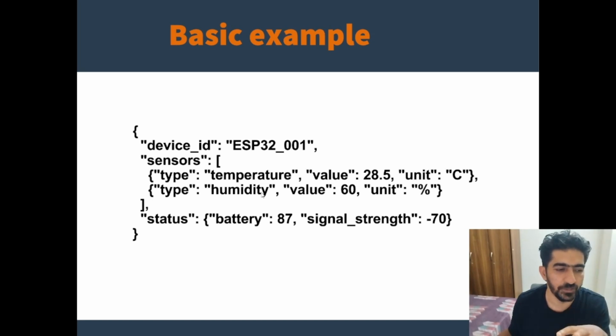And here we have humidity, so it's taking this value and this. And here we have the status of the battery. So if you see here, it's not only key and value pairs. The data has been stored in the form of an array as well. Like if you see here, it's an array of multiple sensors.